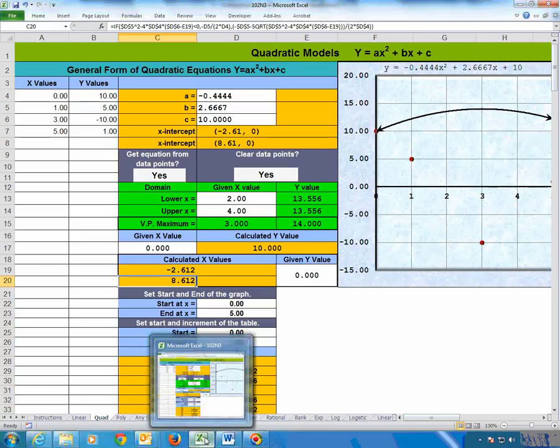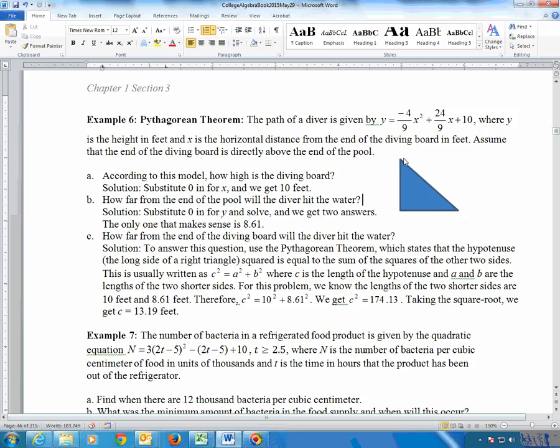And we're looking for this distance from the end of the diving board right here to where the diver hits the water. Now, I know that this isn't the path of the diver. The path of the diver probably went up and back down like that, but we're looking for that distance right there, and that distance would be a straight line.